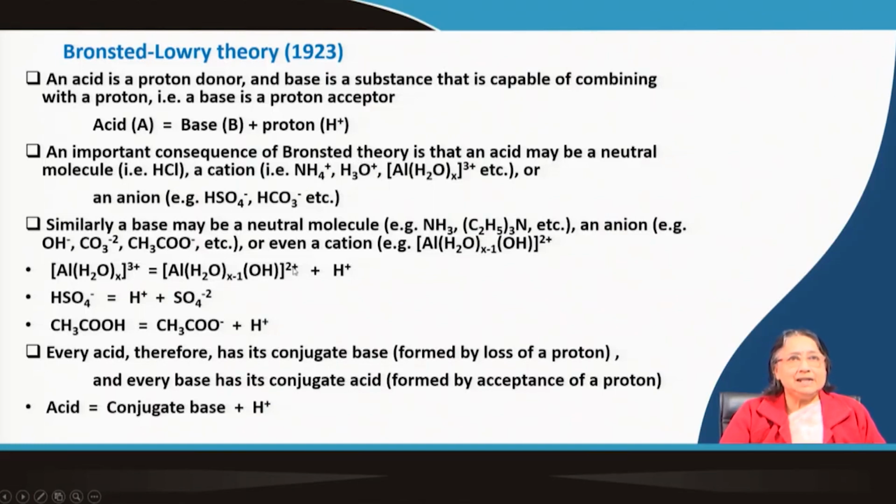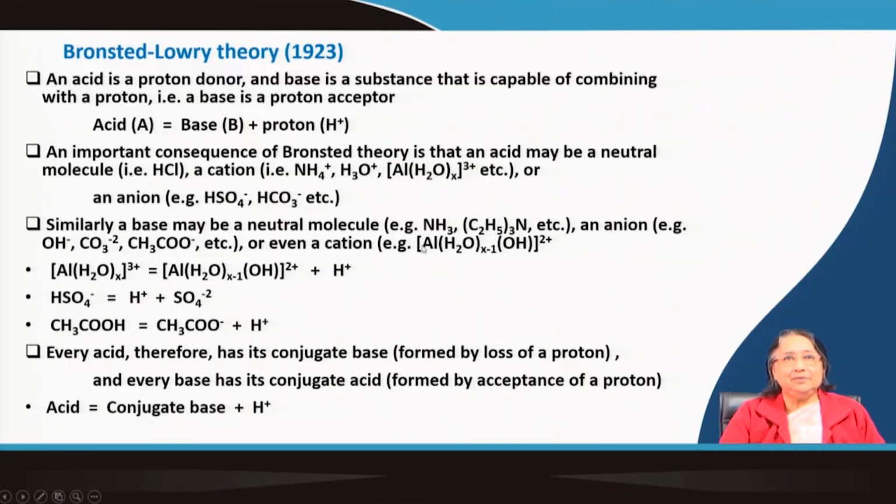Similarly, in the case of a base, for example, the neutral molecule NH3 can take up a proton to form ammonium ion, so it is a base. And an anion, for example, OH minus, can take up a proton to form the water molecule, so it is a base.